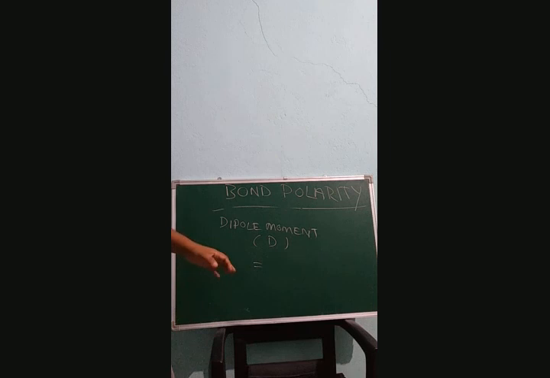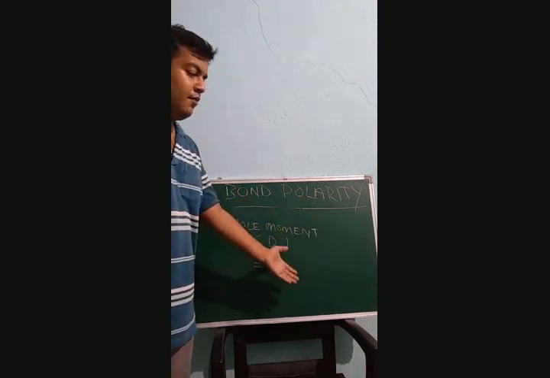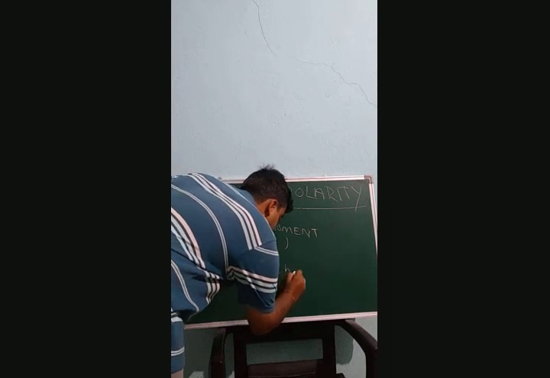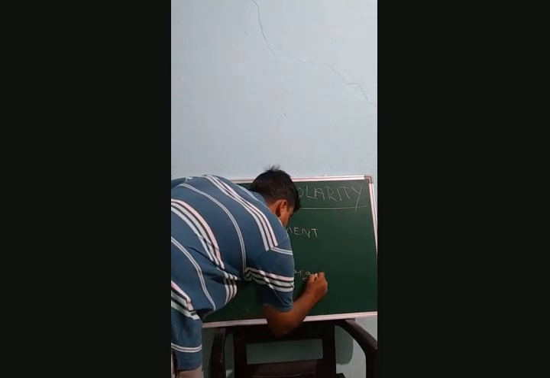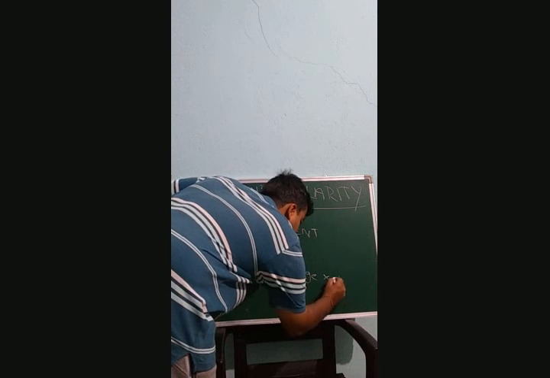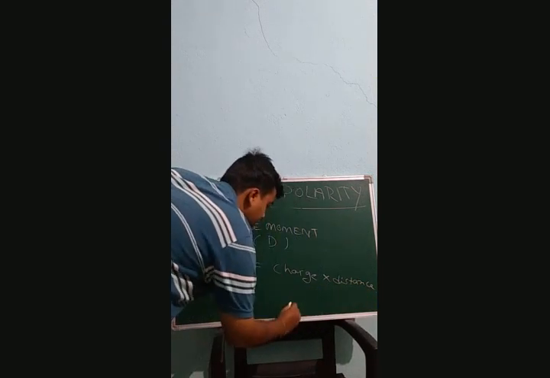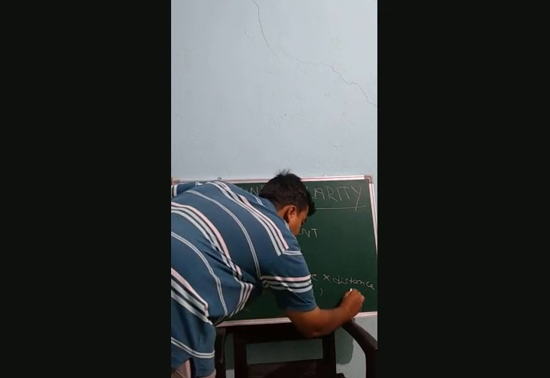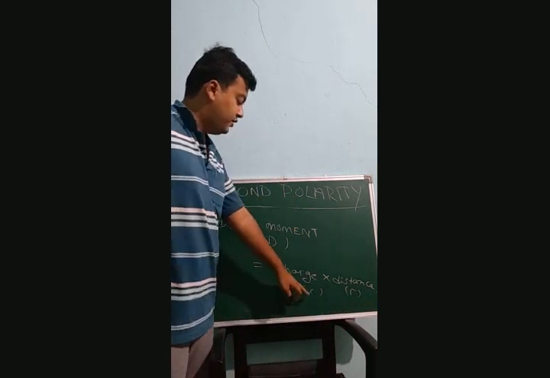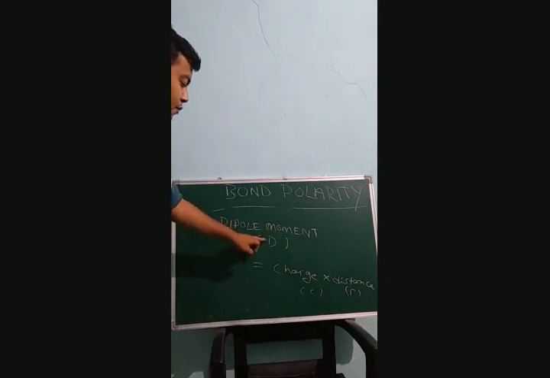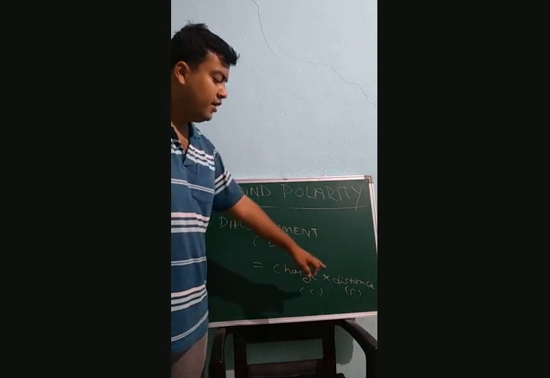We can actually calculate by how much force the more electronegative atom is attracting that electron. It is defined as charge multiplied by distance. So one dipole moment is equal to charge multiplied by distance.